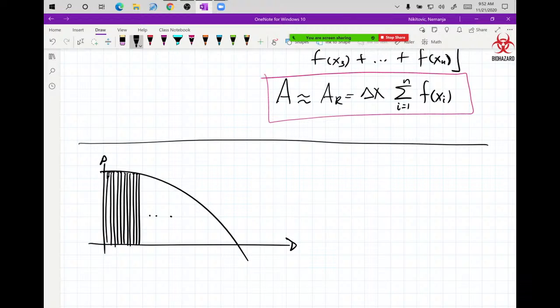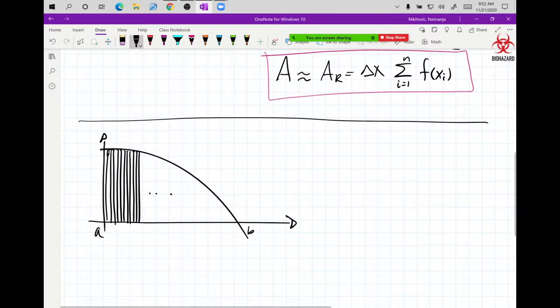Now, what if I am able to fit somehow an infinite number of these rectangles? Now you might say, whoa, you have a finite interval a to b, you can't stuff infinitely many in between.